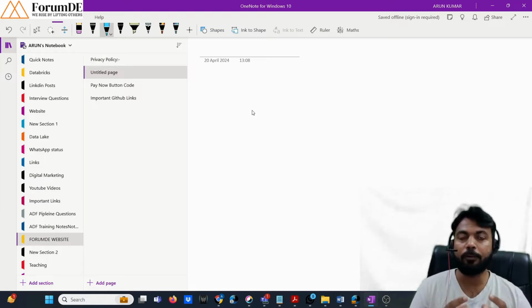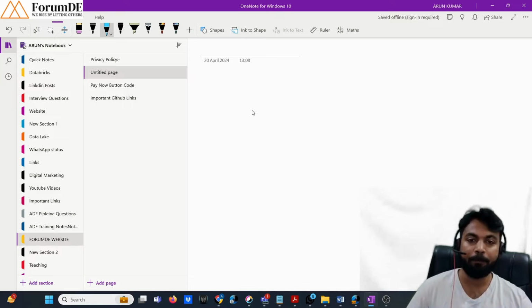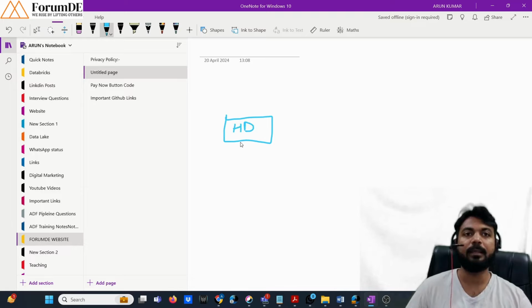You cannot afford to lose that data. Then what will you do? Suppose this is laptop one, and in this laptop there is a hard drive, hard disk or hard drive, whatever. My data is stored in this hard drive.